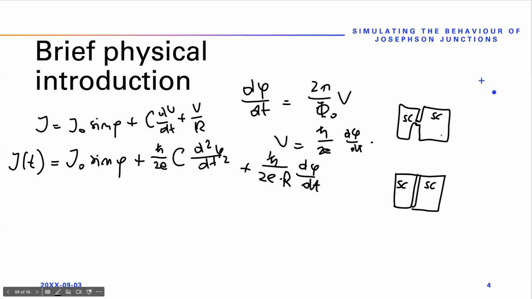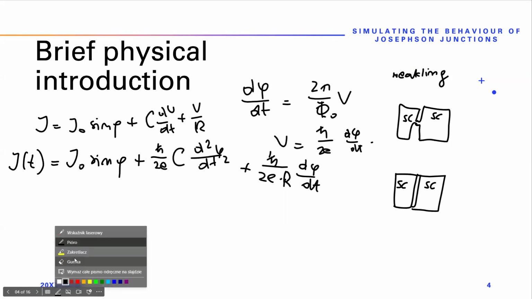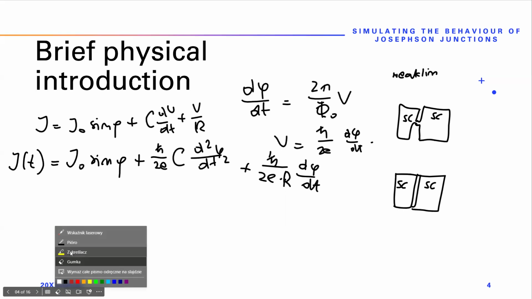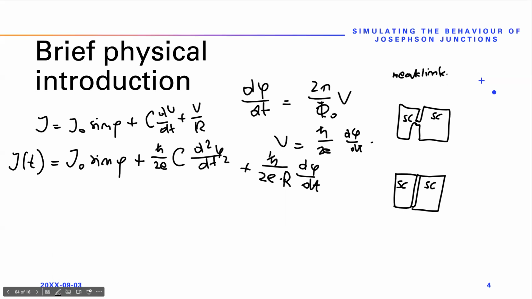Write it down: weak link Josephson junction, and on the very top of it, write weak link Josephson junction. Yes, weak link JJ, and below, tunneling JJ.